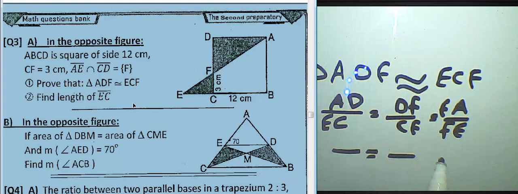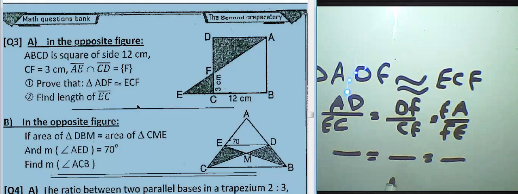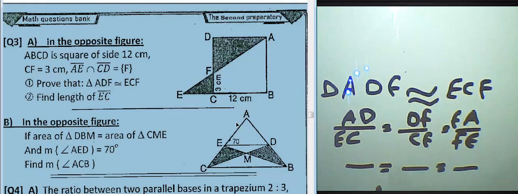And then we can find the length of ED by properties of the square. ED equals 12 centimeters, and we want to find the length of EC. We have the length of CF equal to 3 centimeters.